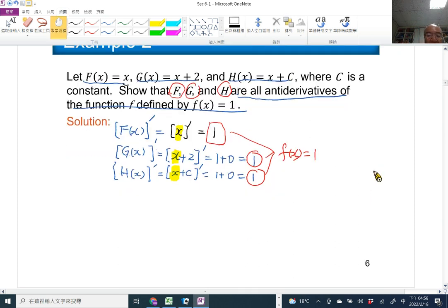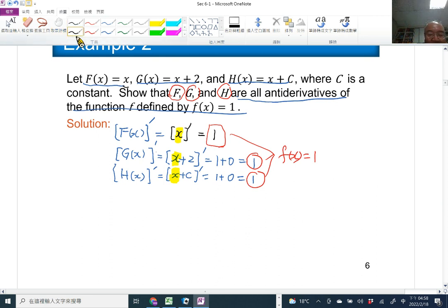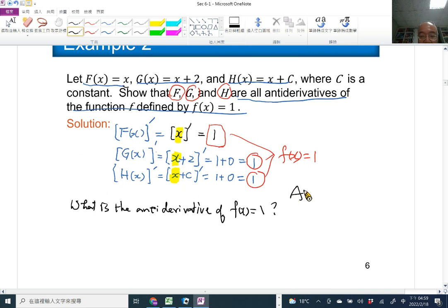So that means when we ask what is the antiderivative of f of x equal to 1, our answer may not be unique, because you could say capital F of x equal to x is an antiderivative for 1.